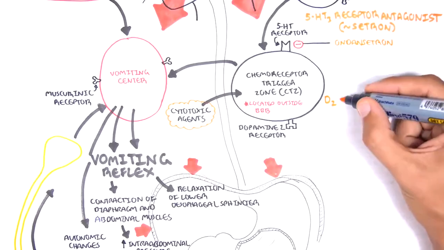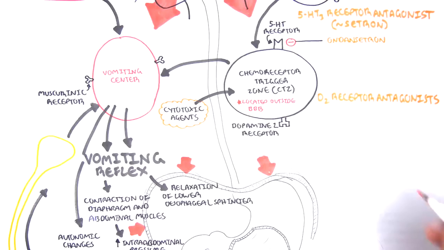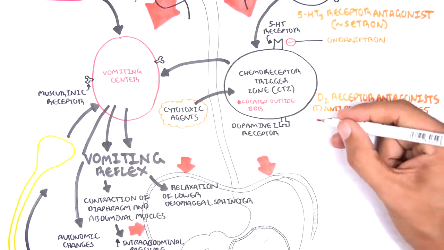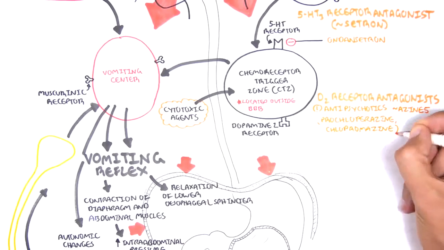Dopamine 2 receptor antagonists work on the chemoreceptor trigger zone and include a variety of subclasses, you can say. It's easy to remember this one concept: dopamine 2 receptor antagonists are the same or similar drugs that are used to treat schizophrenia or psychosis. These can be subdivided into a few groups. The first group are the antipsychotics that end in azines, so, for example, prochlorperazine and chlorpromazine.